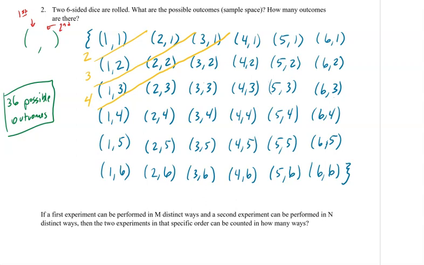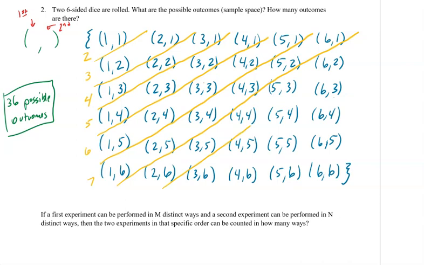And this is why I specifically wrote this sample space out in a square like this, because it actually lets you just draw these diagonals and you can see every single possibility that will let you get a certain sum. All the way through 12 being the highest.